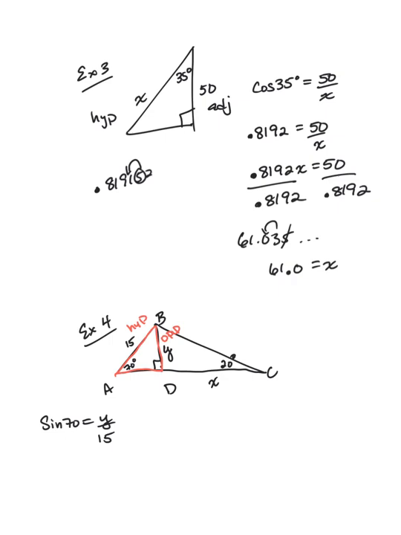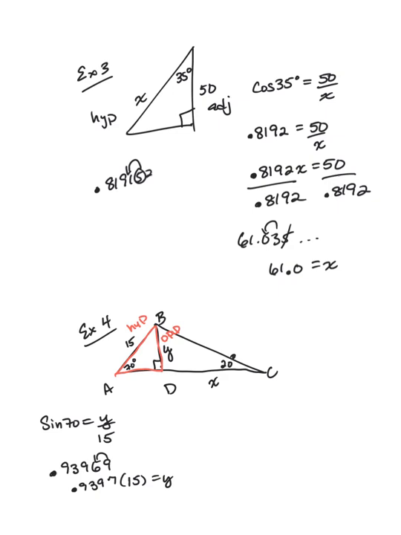And the sine of 70 is 0.93969. So that's going to become 0.9397 times 15 is Y. I wouldn't round.